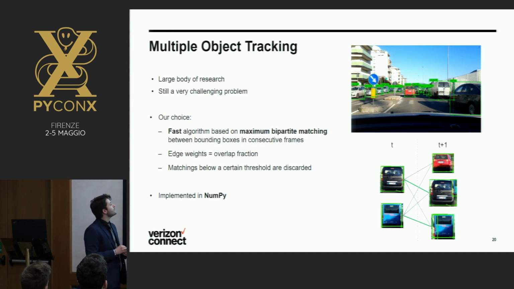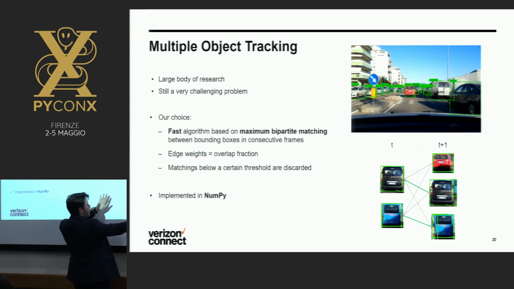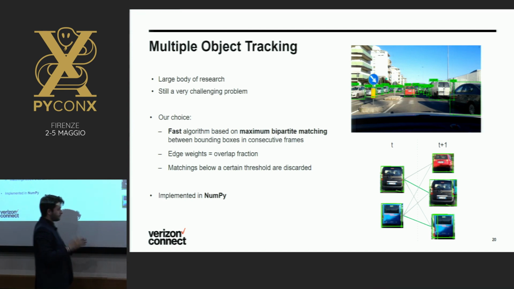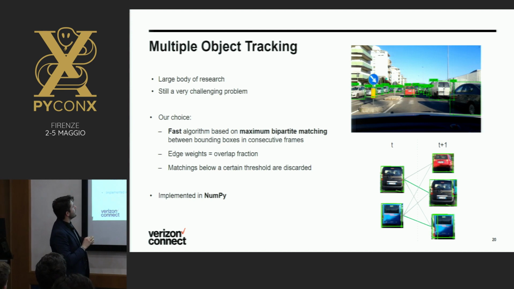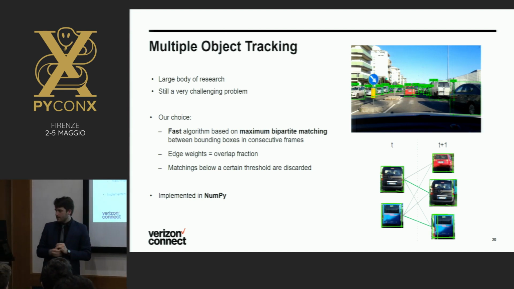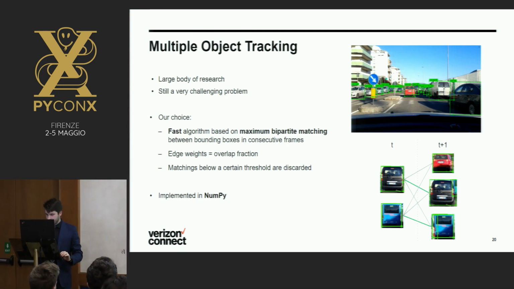Our idea was to use a maximum bipartite matching between the bounding boxes in consecutive frames. The low-level idea is to take all the objects for a frame, all the objects for the other frame, and find the best matching between the two frames, where the best match is the one that overlaps the most. In this case, we implemented it in vanilla NumPy.